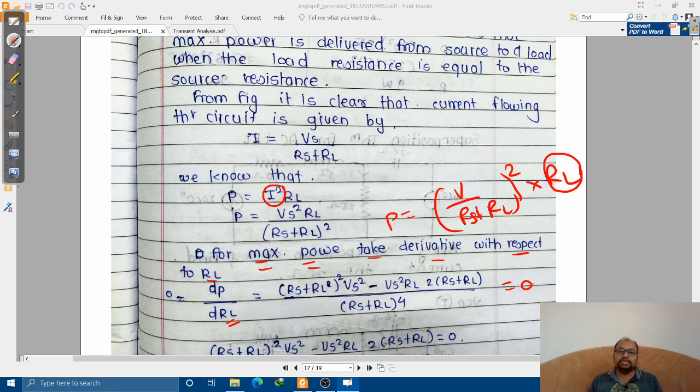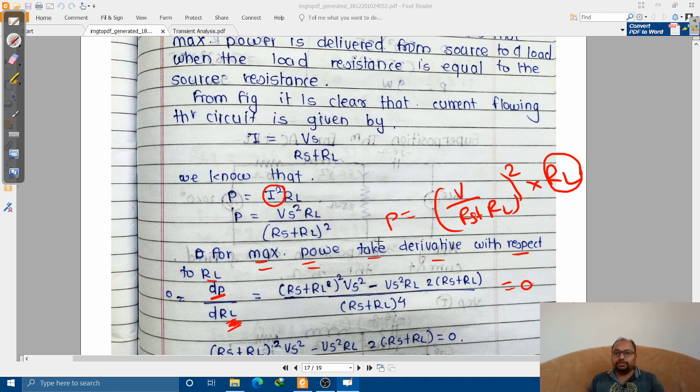Over here also we are going to find the maximum power delivered to the load, so that's why we are taking the derivative with respect to RL, because we want maximum power at the load. So let us take the derivative with respect to RL.